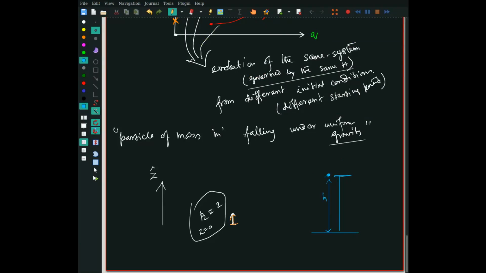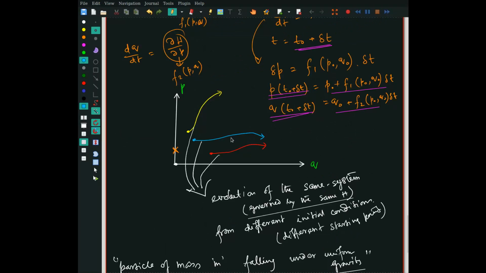Initially the momentum is 0 because you are starting from rest, and z equals h. So the starting point in phase space is h and 0.